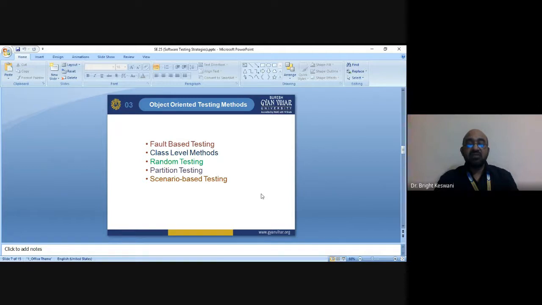And the third one is category based partitioning, which categorizes the class operations based on the generic functions they perform. The last one is scenario based testing. This form of testing concentrates on what the user does, and basically involves capturing the user actions and then simulating them and similar actions during the test.